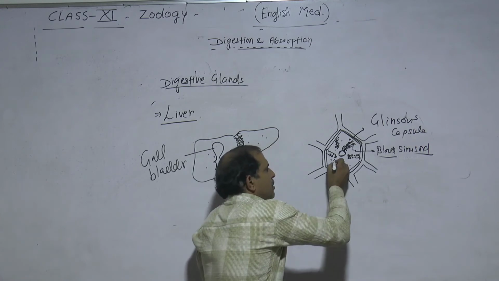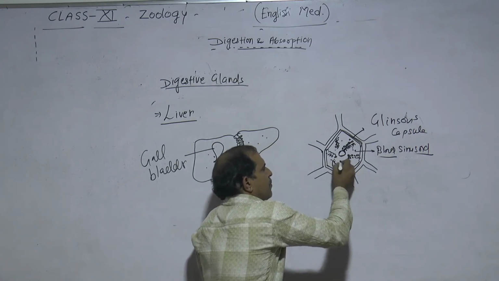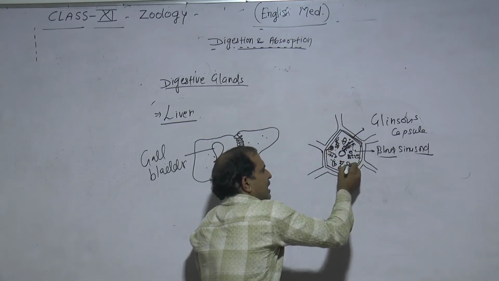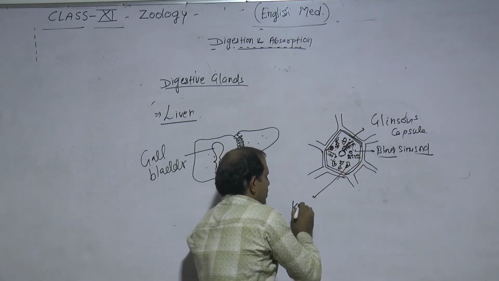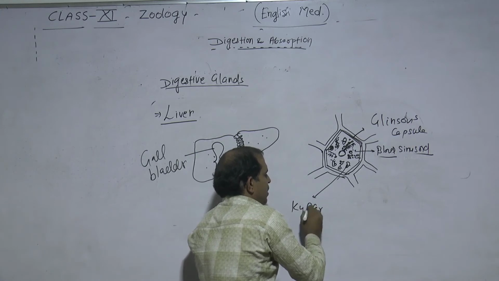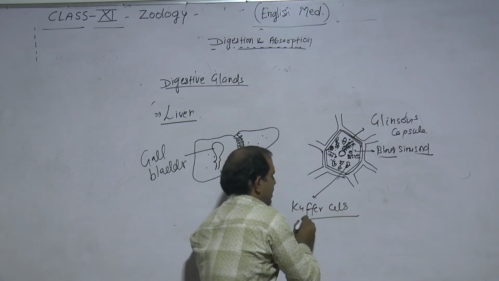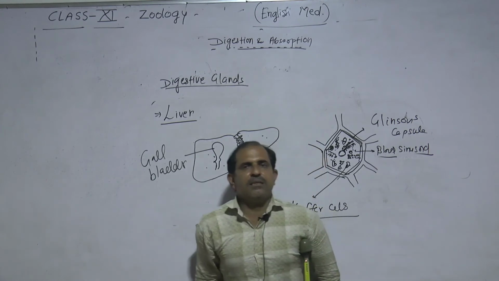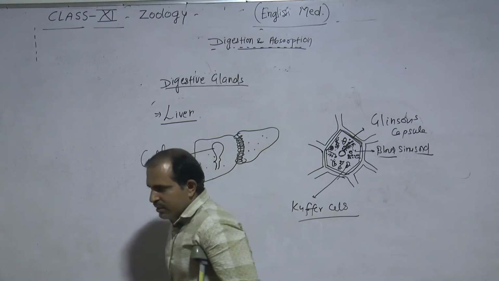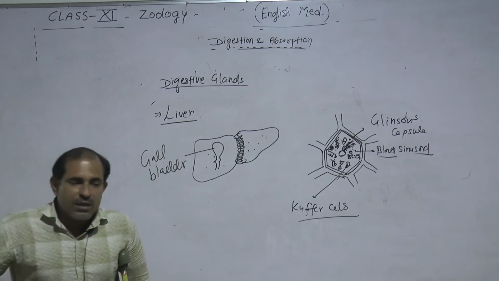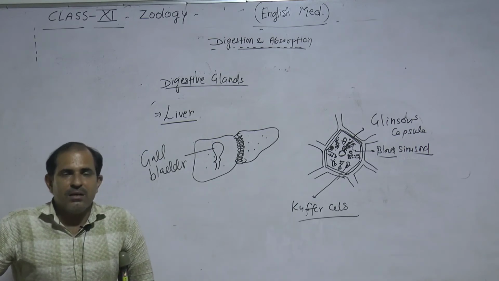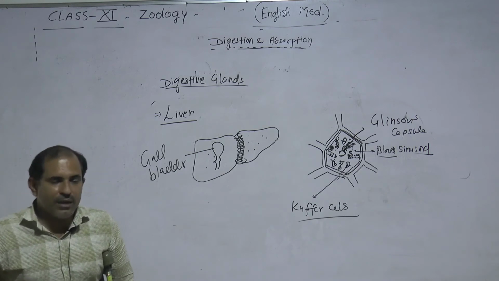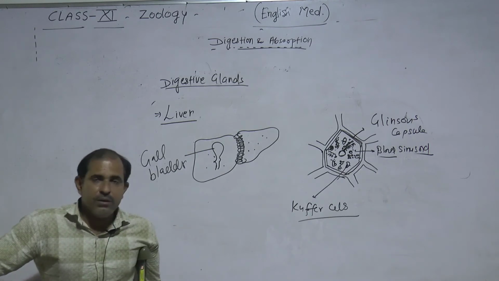And in these blood sinusoids, a specific type of larger cells are present, called Kupffer cells. These cells kill the bacteria and microbes that enter into the liver. Okay, now this is the structure of liver.